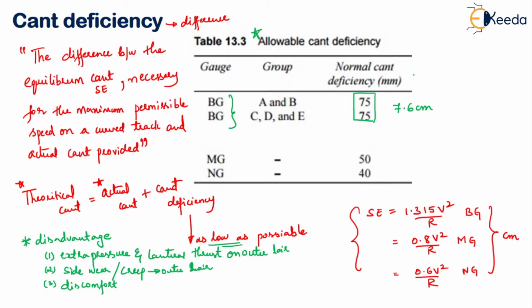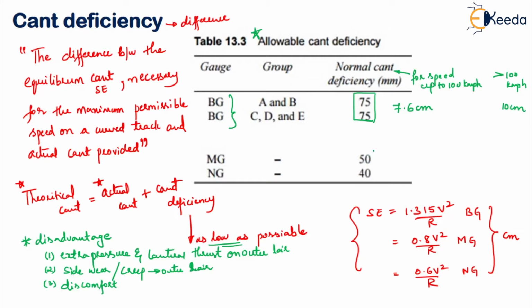Now this is for speed up to 100 kmph. So these values are for speed up to 100 kmph. If you want to go higher or greater than 100 kmph, so this will be how much? 10 centimeters, right?